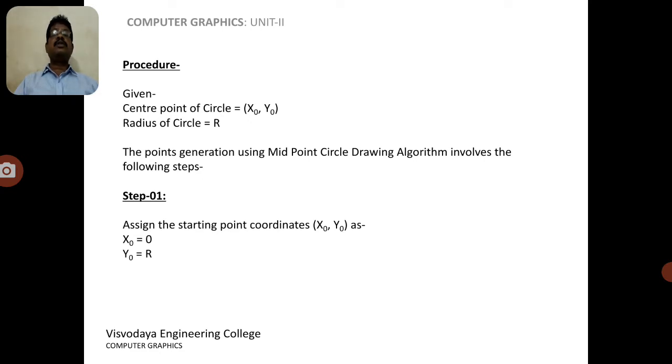Now we will focus on finding the intermediate coordinates of the circle. x0, y0 is the starting or center coordinate, where x0 equals 0, and that is the starting point. The circle always starts with the x value 0, and the y value is taken as the radius value. Here Bresenham's defines the radius value as equal to y0.